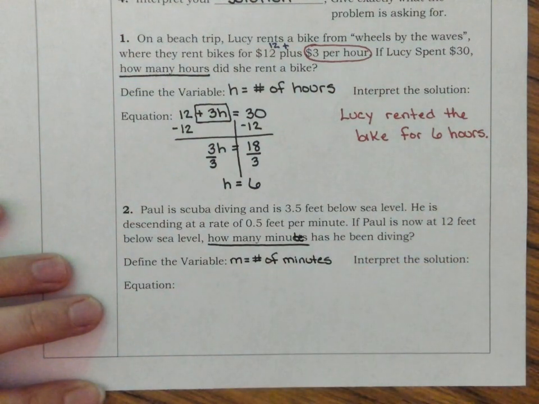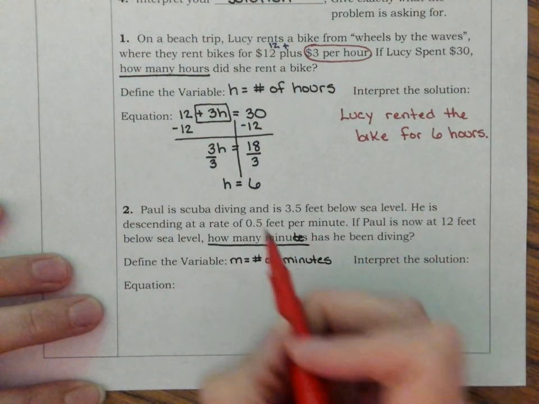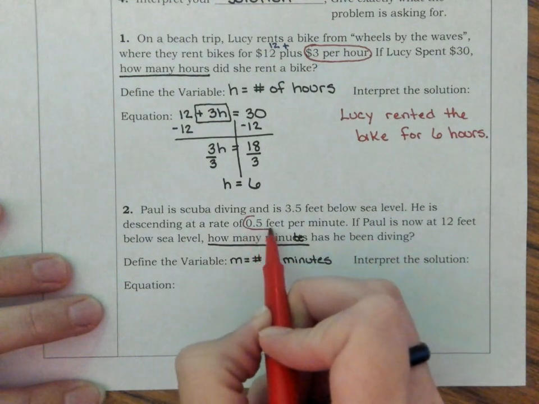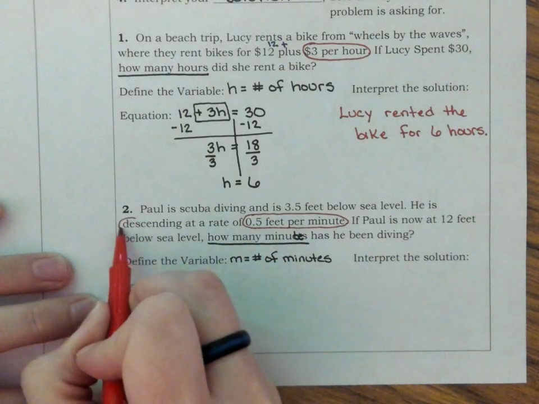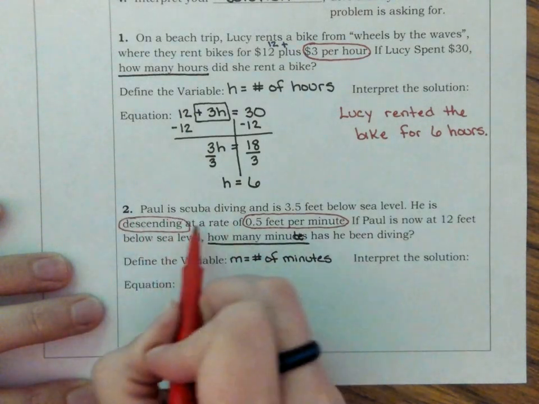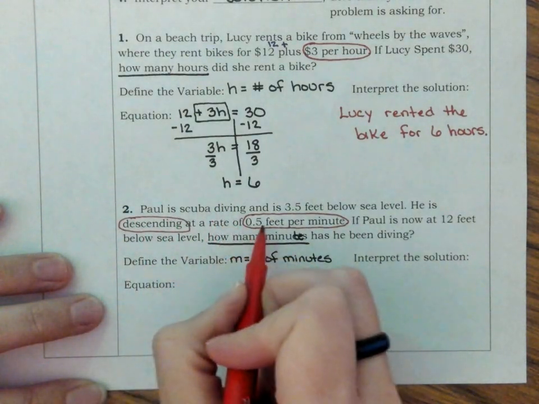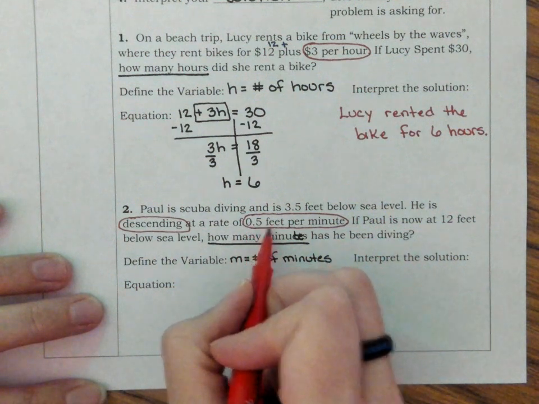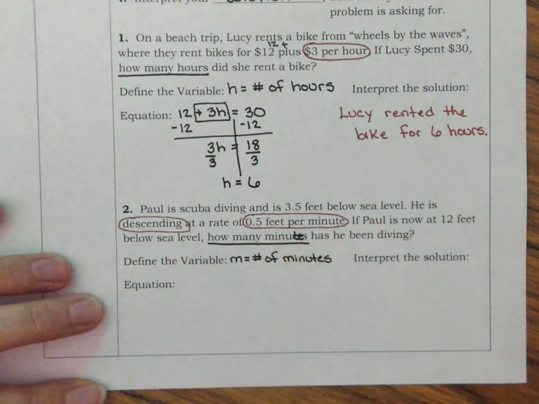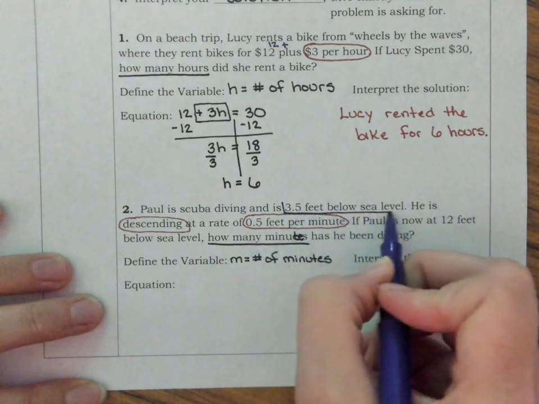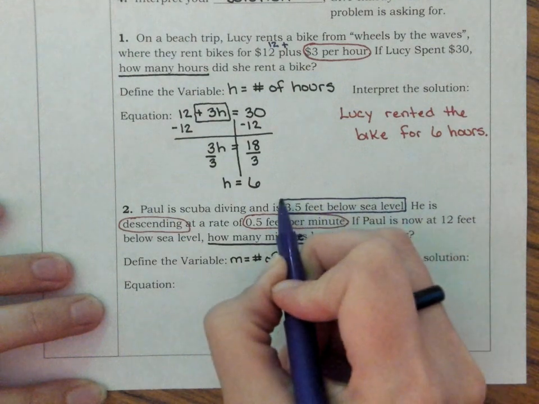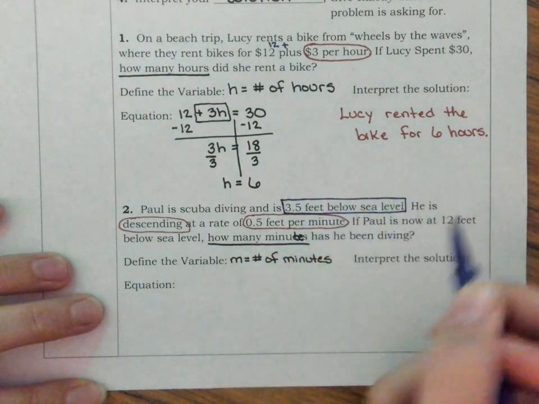And then let's go back through the problem. It did say 0.5 feet per minute, but there was also a key thing here that said it's descending, so it's going down. So that's your minus 0.5 feet per minute. Also, it said that he started out 3.5 feet below sea level. So if I'm below sea level, I'm a negative number.